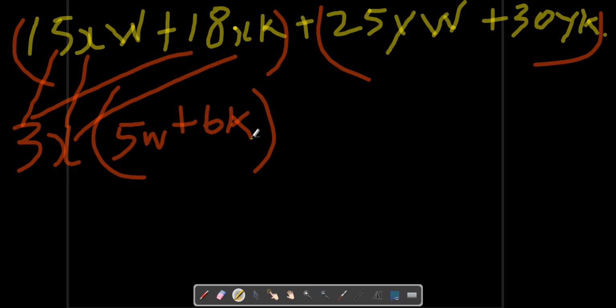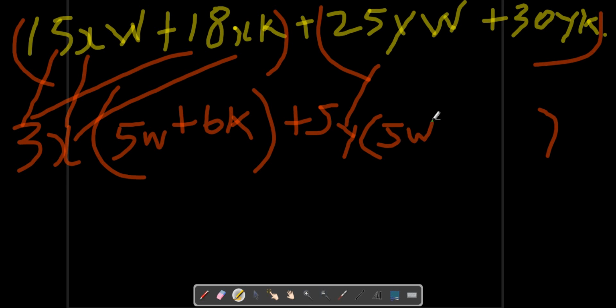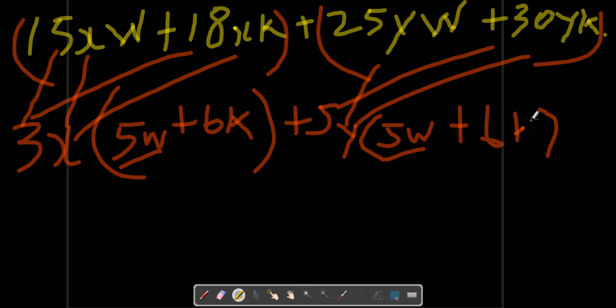And you can actually see that, let's see what is common in this bracket. Well, 5 is common in the bracket, and y is common in the bracket. So 5 into 25 goes 5 times, y cancels y, leaves us with w. As you can see, the common variables are coming in the brackets. 5 into 30 goes 6 times, and y cancels y, leaving us with k.